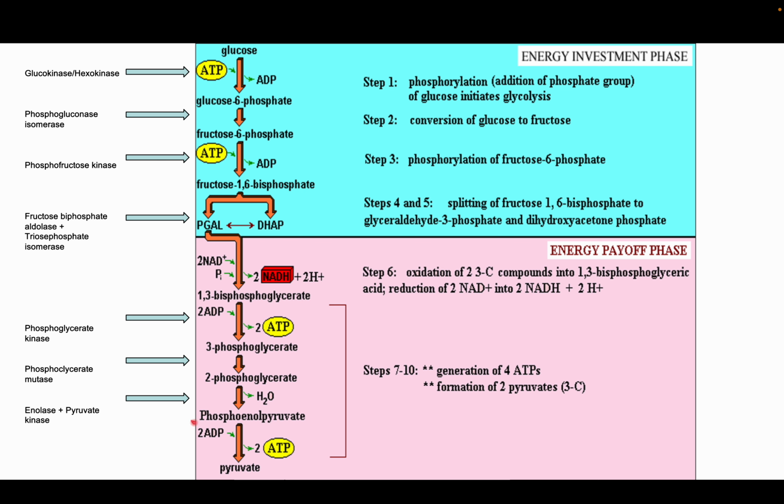So the remaining phosphate group in phosphoenol pyruvate is now donated to ADP molecules to produce ATP. So the net production in terms of ATP molecules is four ATP molecules. However, because there is an investment of 2 ATP molecules during steps 1 to 5, the net ATP that is produced is only 2.